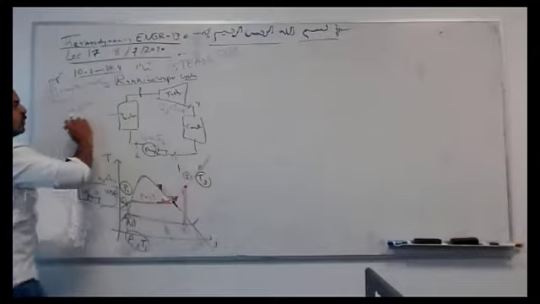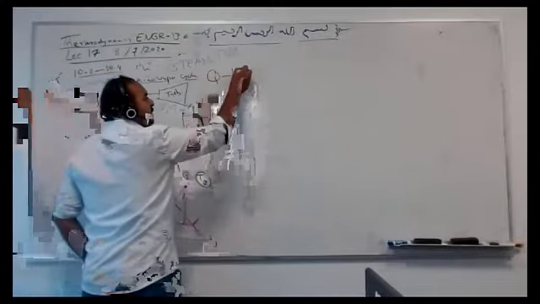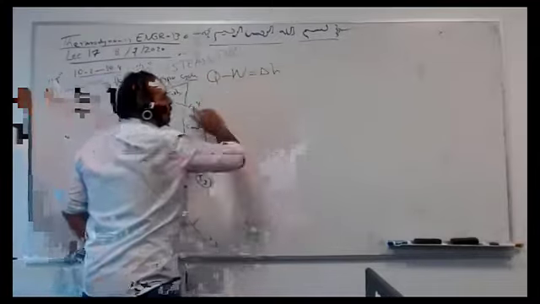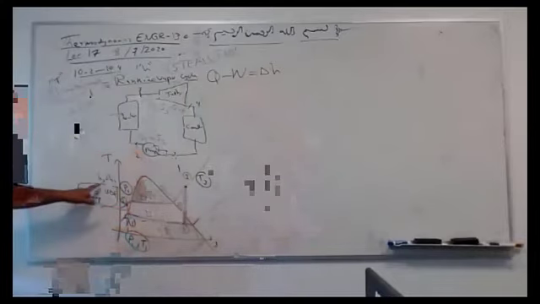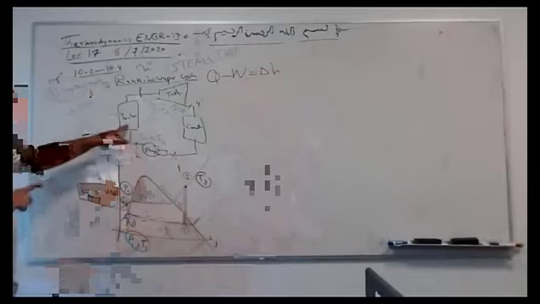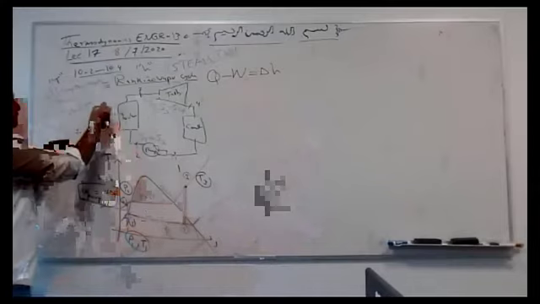Input, output. So always Q minus W equals delta H. Always. Here, W equals delta H. Here, Q equals delta H, Q high.